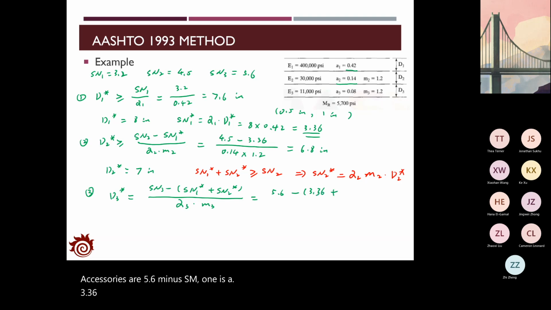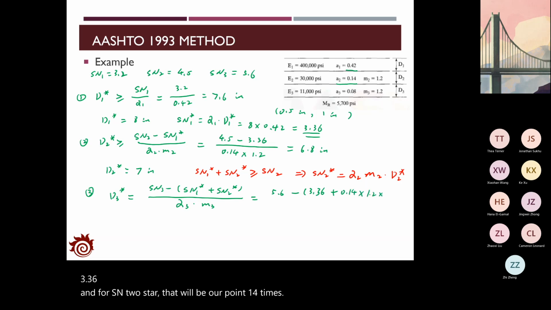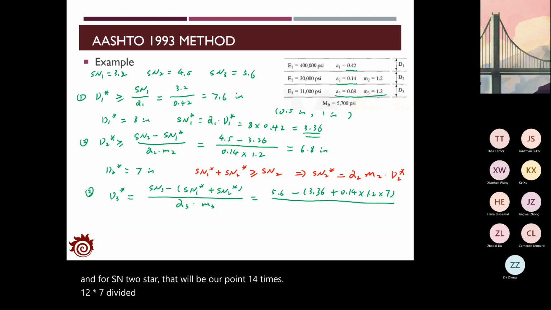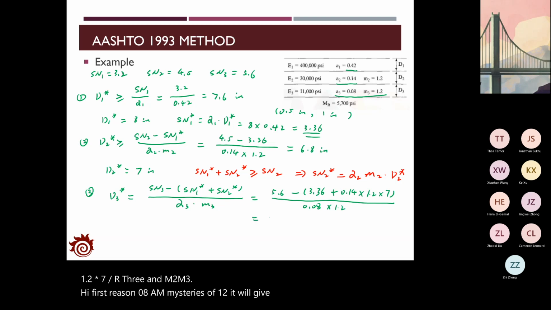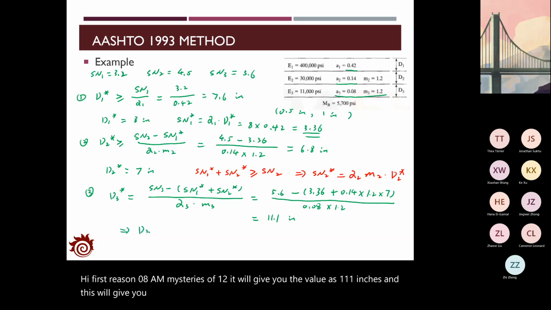And for SN2 star, that will be 0.14 times 1.2 times 7, divided by alpha 3 and M3. Alpha 3 is 0.08, M3 is 1.2. It will give you the value as 11.1 inches, and this will give you the value of D3.